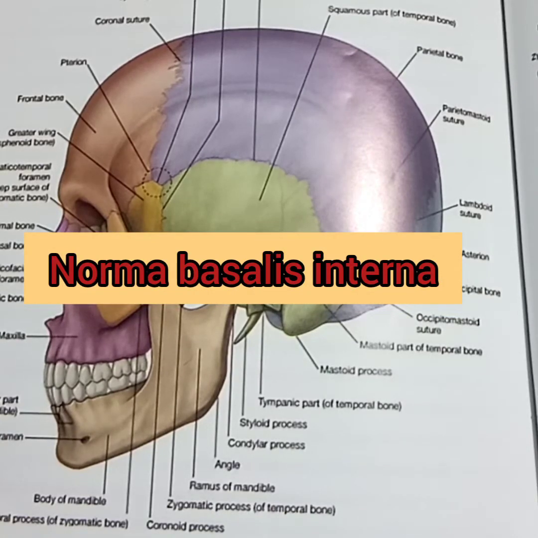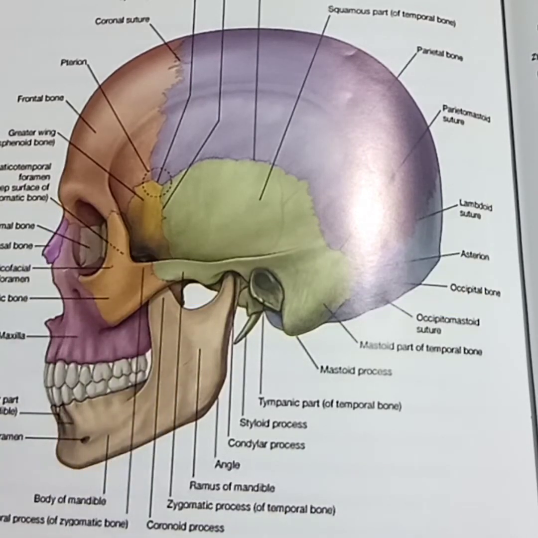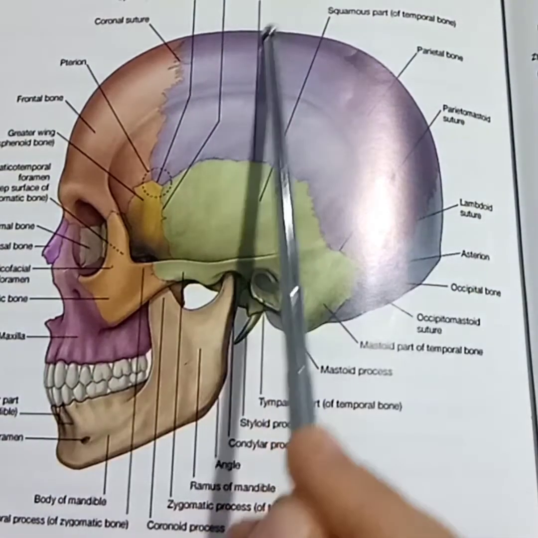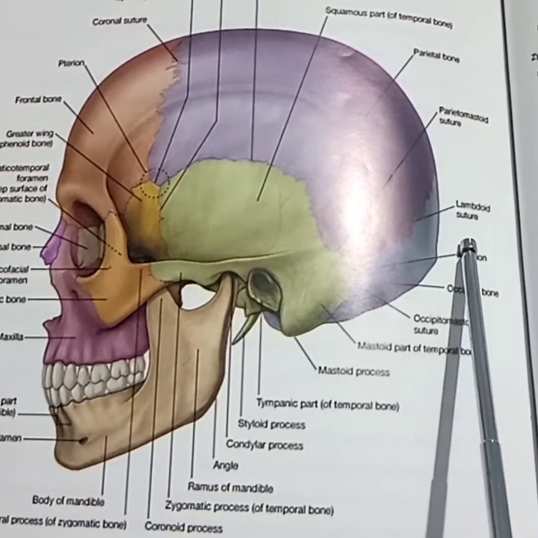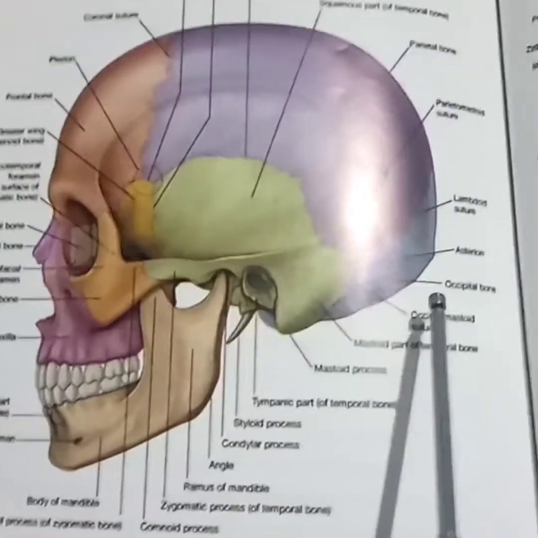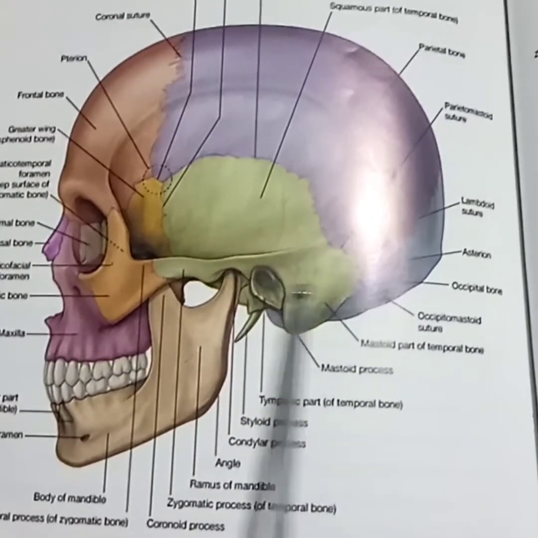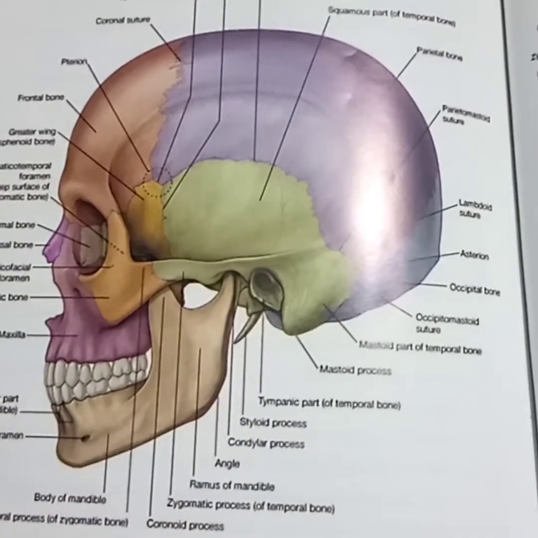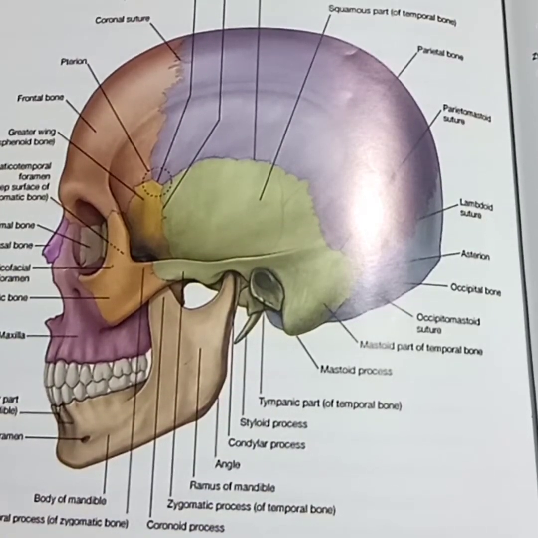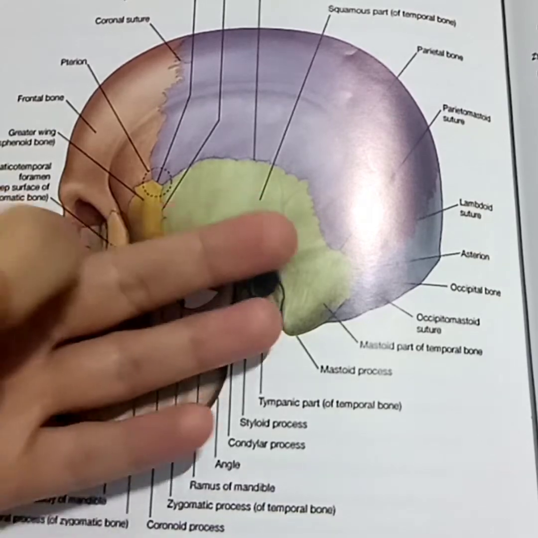So finally, we will have 6 views: Norma verticalis, Norma frontalis, Norma occipitalis, Norma lateralis, Norma basalis externa, and Norma basalis interna. In each norma, we will focus on 3 items.